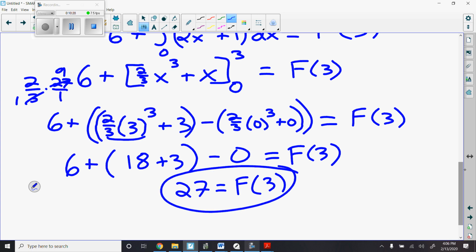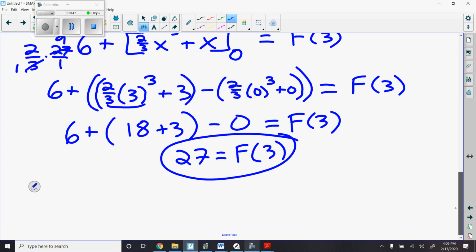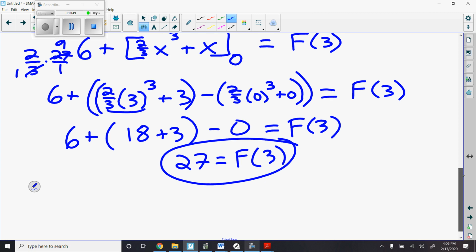So that would be solving the problem using initial condition plus the integral. Okay, so that's one option to solve for capital F of 3. Another option would be to think about an indefinite integral. And that was option 1.